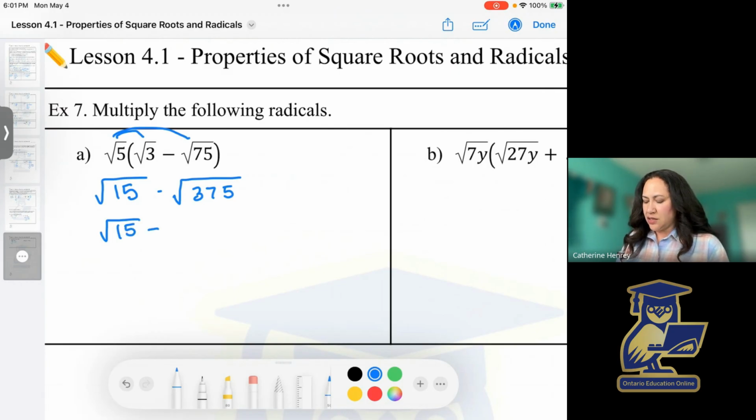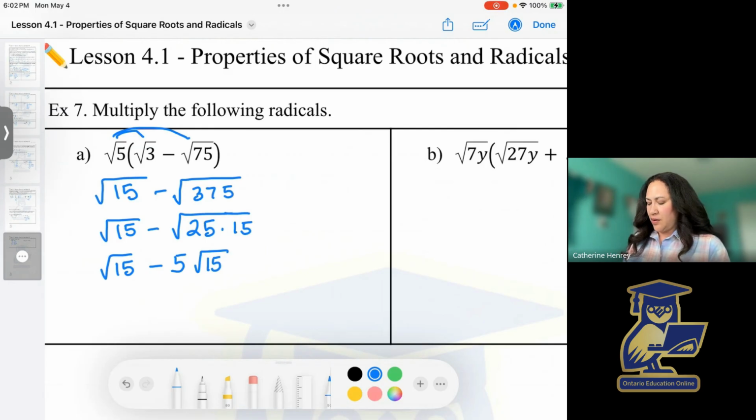But we can start to pull apart that 375, and the first number that comes to mind is 25 times 5, times, I checked that on the calculator, it's actually times 15. And then I have the square root of 15 minus the square root of 25, which is 5, but again, I can't take the square root of 15.